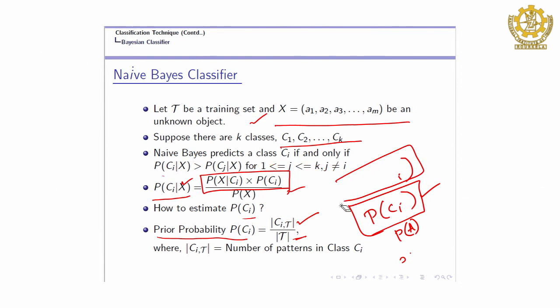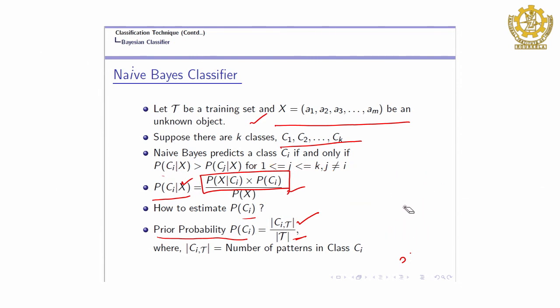So, what we learned here: probability of Ci given X, that was the original case. From here we excluded this part, and then we reached the point of probability of X given Ci into probability of Ci, and this is also very easy to find.